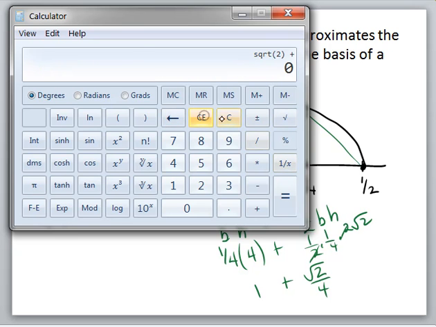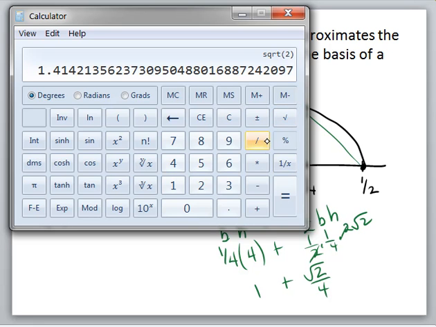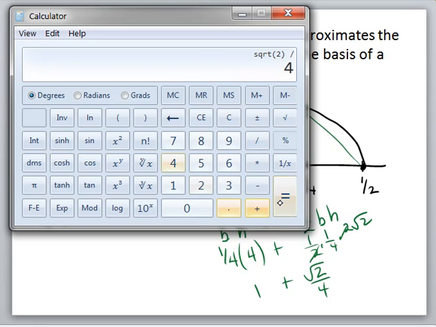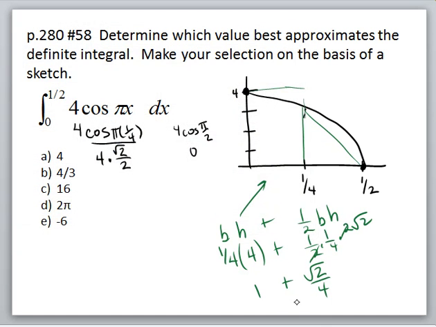Let's try that again. 2 square root of 2 divided by 4 equals about 0.35. So I have now 1 plus 0.35. Well, out of my selections, it looks like this one would be the best choice because that would be 1.333 repeating.